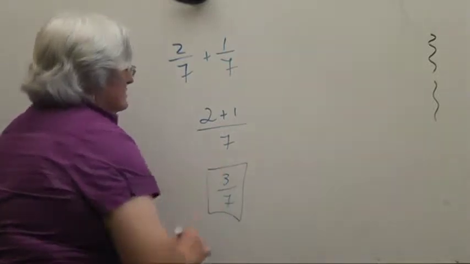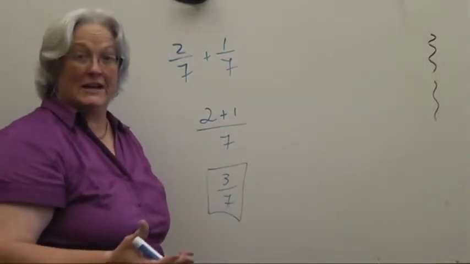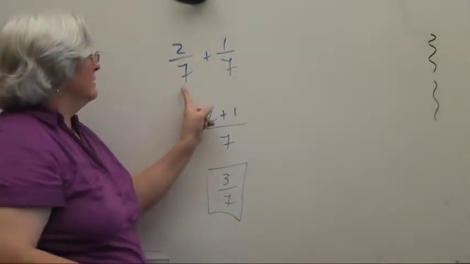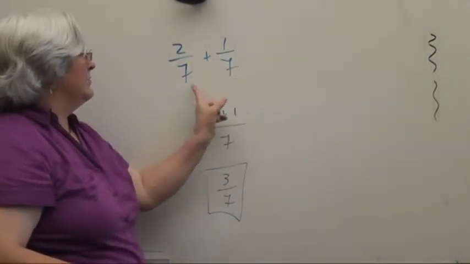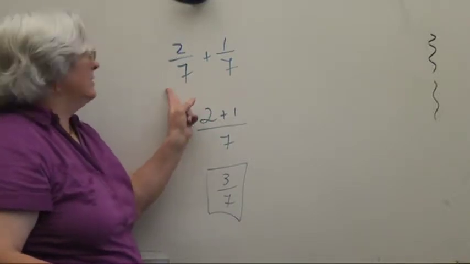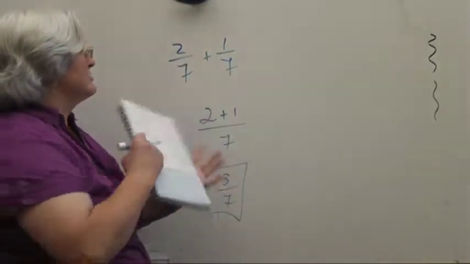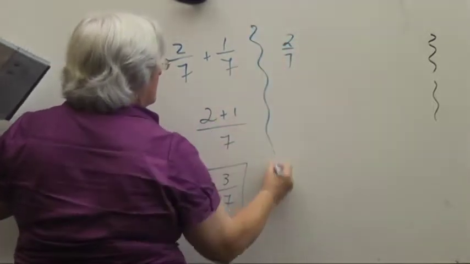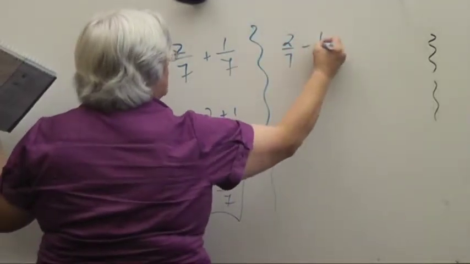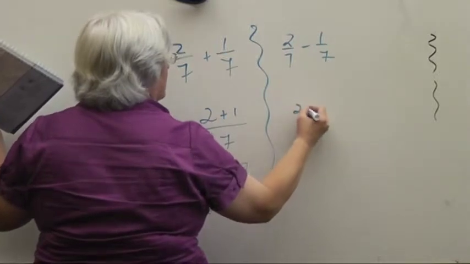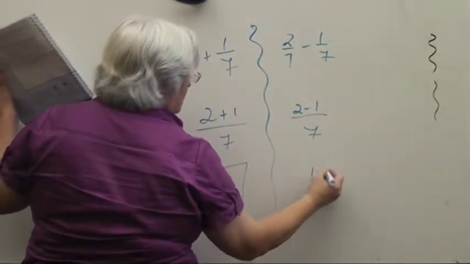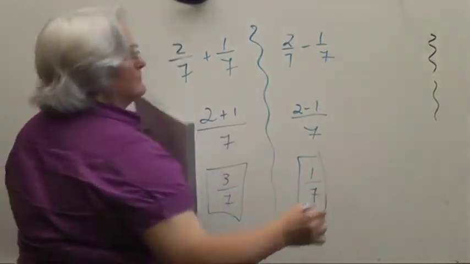So you end up with a solution of 3 sevenths. Doesn't matter if you're adding or subtracting. If the denominators are the same, you either add the numerators or subtract the numerators. We have 2 sevenths minus 1 seventh becomes 2 minus 1 over 7, which is 1 seventh.